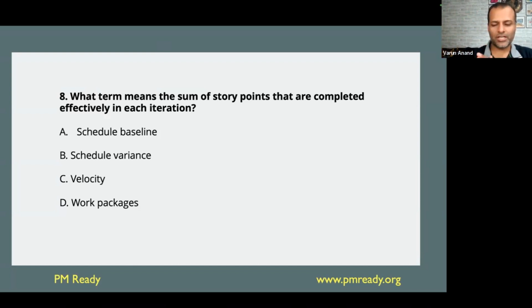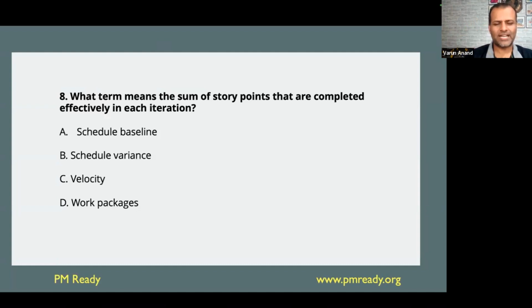Similarly to sprints, you have iterations. An iteration is typically a longer time frame, typically a month, if you ask me. So in a month's time frame, let's say you will be working on 50 user stories or 30 user stories, and whatever user stories you work on in that iteration, they have some story points.